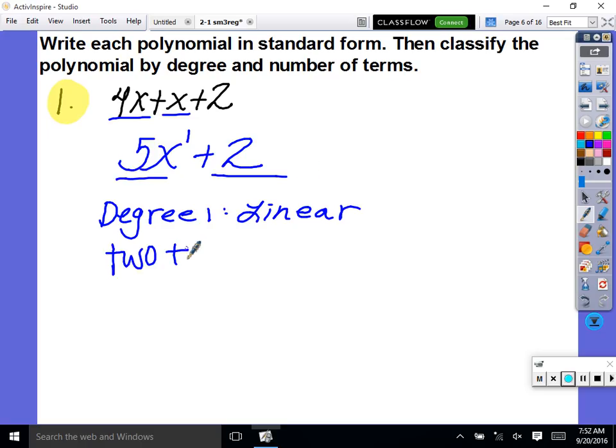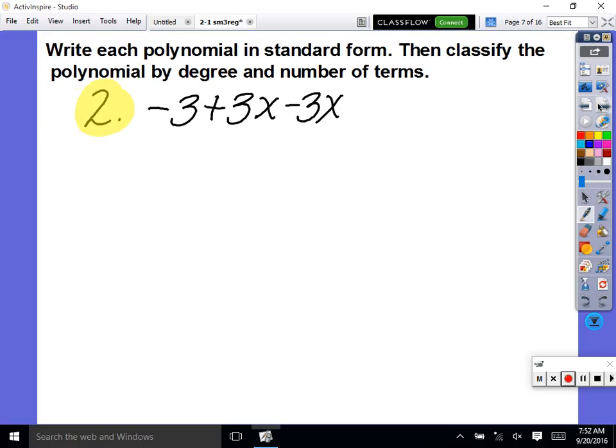So that's a binomial. So we would say this is a linear binomial. Does everybody understand? It's not super hard, but you've gotta have that chart down next to you and then memorize it soon, because on the test you're gonna have it memorized.